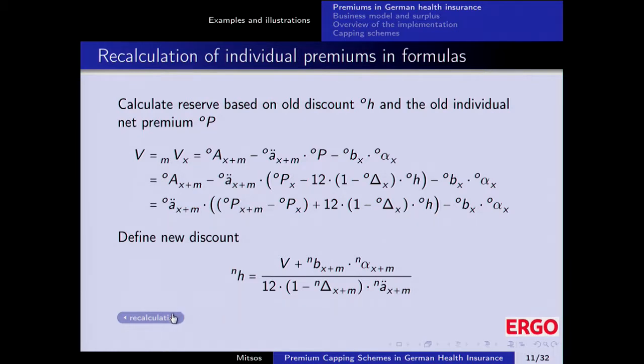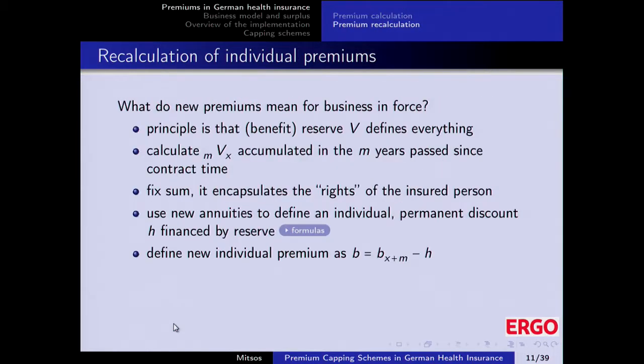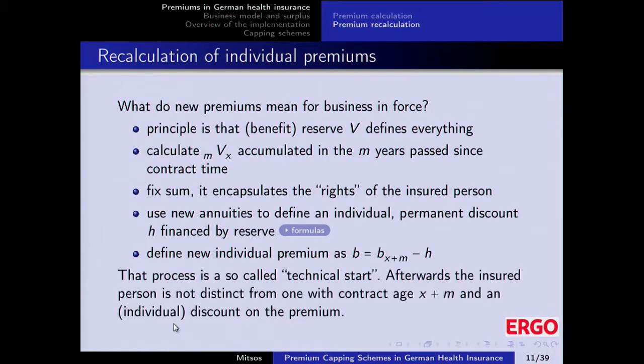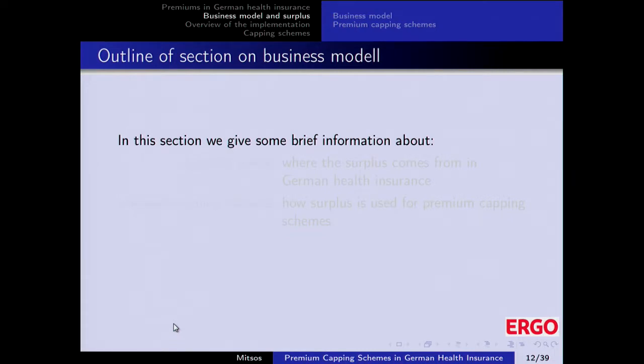That's the essence of the formula. Okay, and this would give the new individual premium. But we call it a technical start. After such a technical start, all the history of the person for the first M years is incorporated in this individual discount and may be discarded. We'll see examples on it.